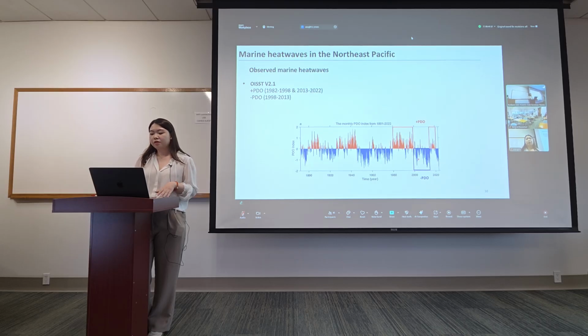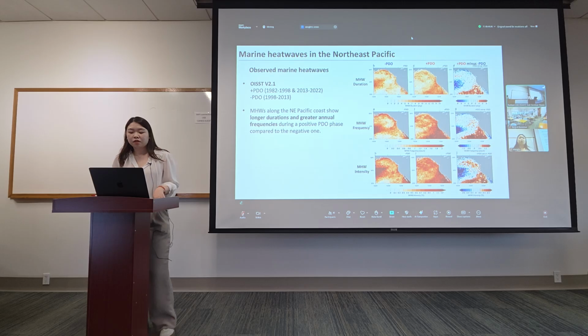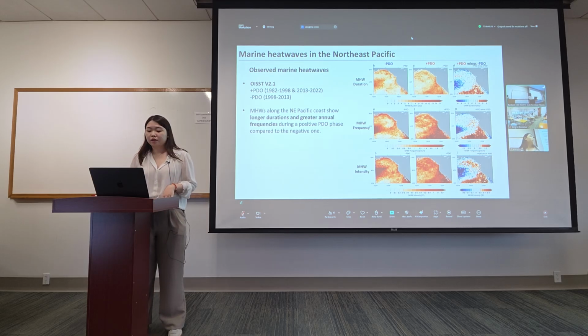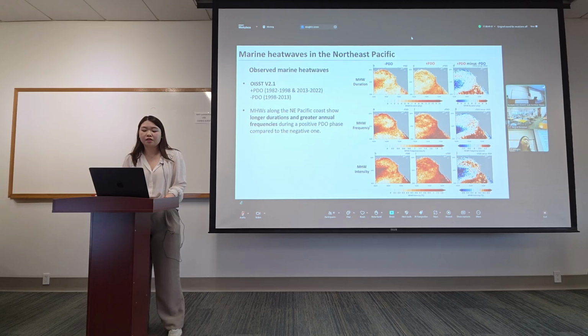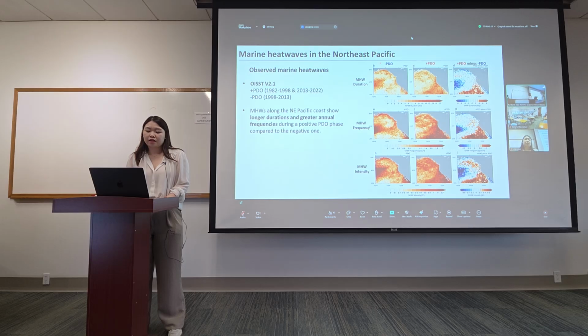And if we compare the marine heat wave performance between these periods, here is the result. In this figure, from top to bottom, I show three different marine heat wave metrics: duration, frequency, and intensity. And from left to right, I show the negative PDO phase, the positive PDO phase, and the difference.